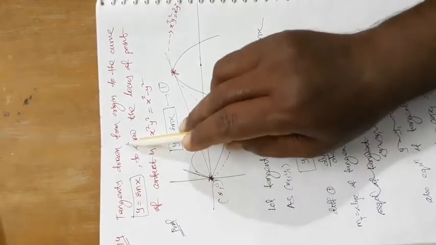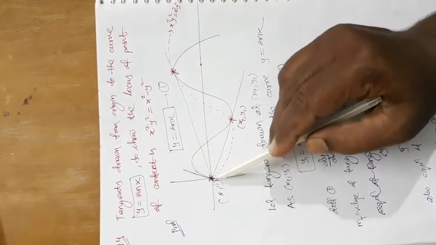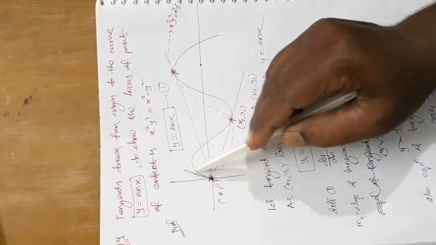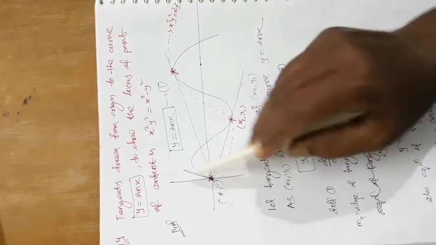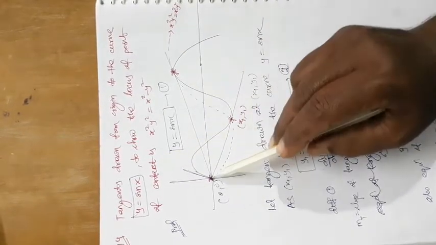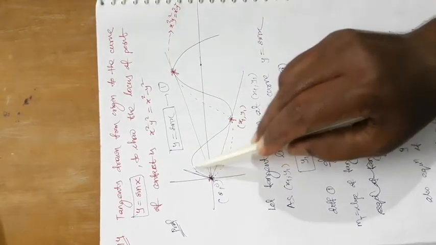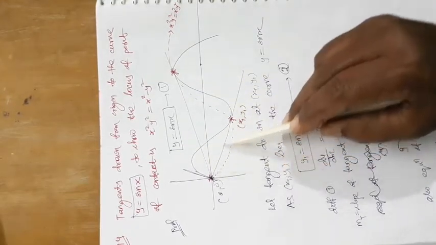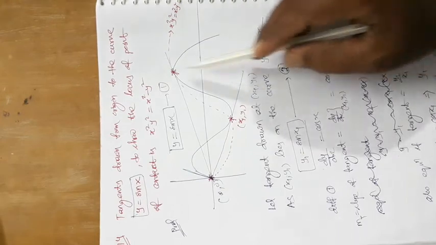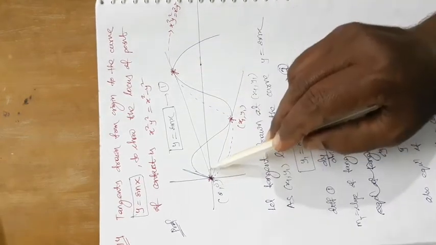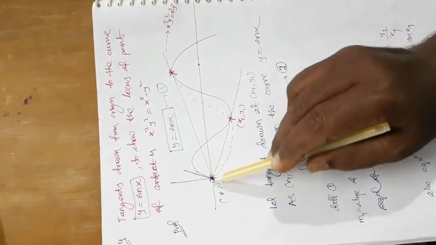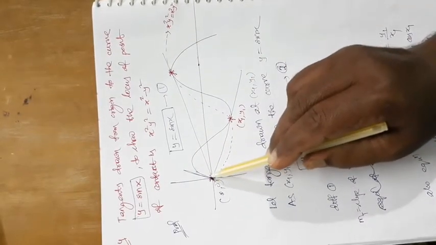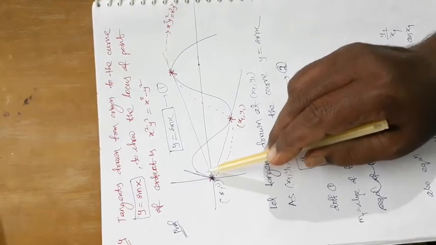Now tangents drawn from the origin. Suppose this is the origin. I am drawing a tangent to this curve y is equal to sin x. Suppose this is the tangent. Suppose I am drawing another tangent to this curve y is equal to sin x. Suppose this is the tangent. I am going to draw a tangent like this. And these are the points where the tangents touch the curve.